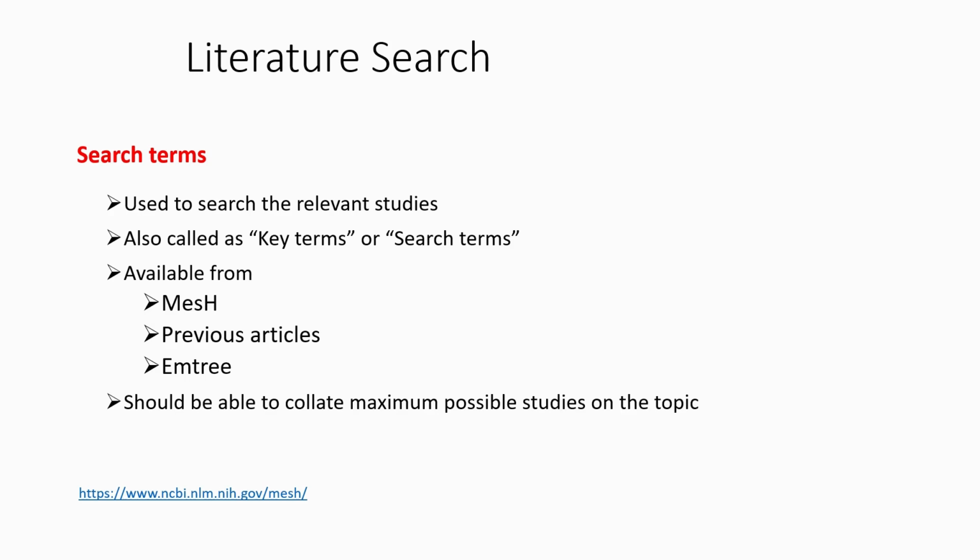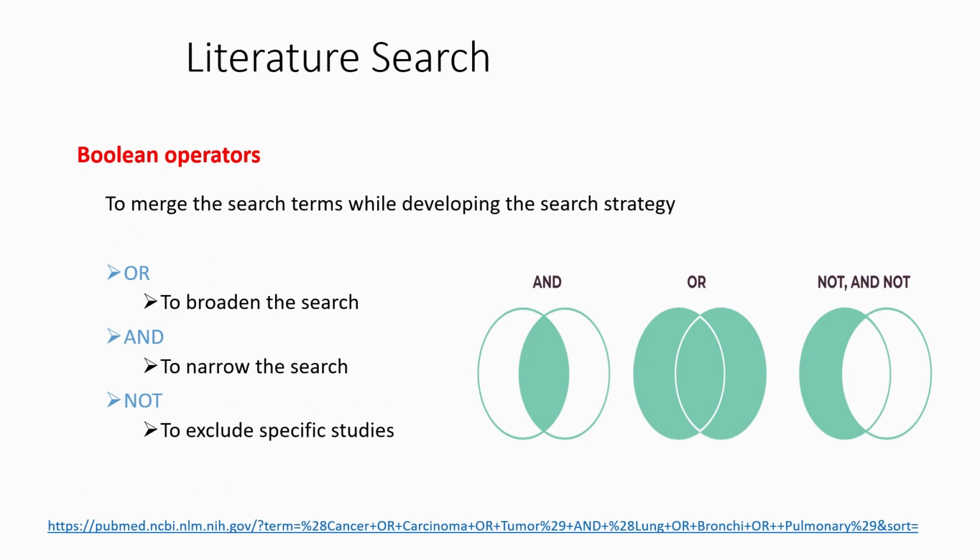Along with that, you need Boolean operators. There are basically three Boolean operators. One is OR, one is AND and one is NOT. The OR Boolean operator will be used to broaden your search. That means you will be using synonymous words where you will be merging those words with OR.